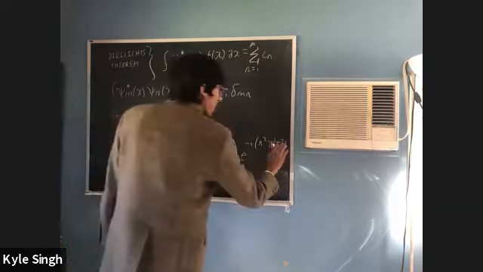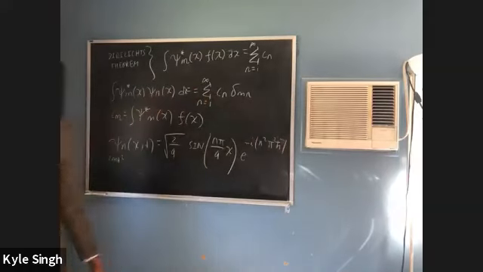This should actually just mean h, I think. Yeah. 2 m a squared.